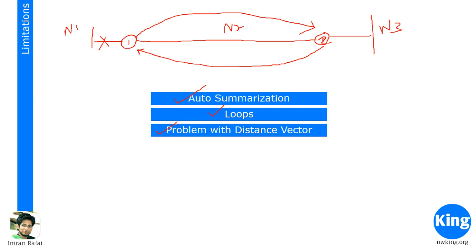So distance vector has an inherent problem, and that's why we will look at a much more advanced routing protocol called OSPF, which is the de facto industry standard today, and a lot of companies use OSPF. So we will be looking at OSPF in much more depth in our future videos. But like I said, we wanted to give you some introduction to RIP, and that is this video.